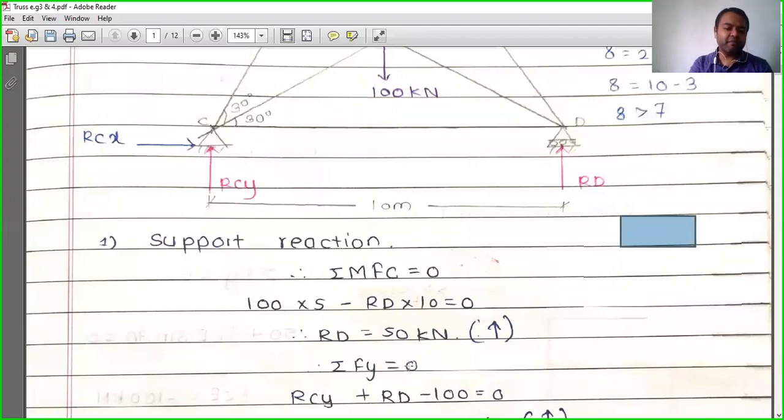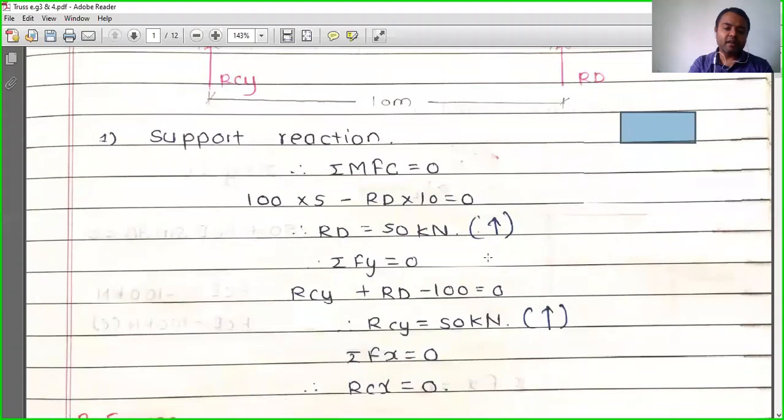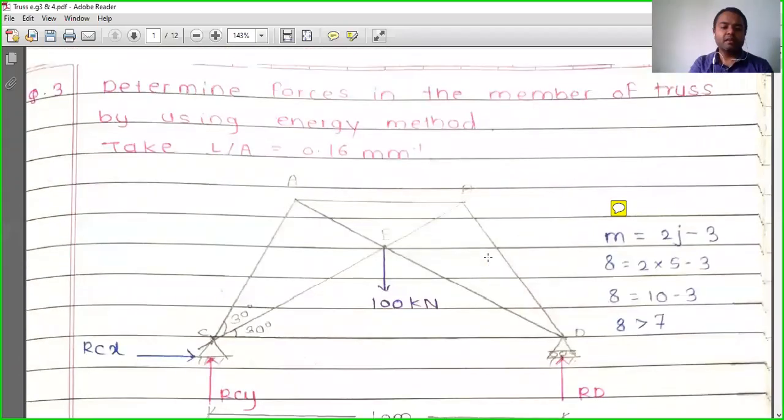Next, we will apply summation Fy equal to 0 to this truss. We will find reaction RCY. Again, we are getting a positive answer, means our assumed direction is correct. But in this example, there is no application of horizontal force.